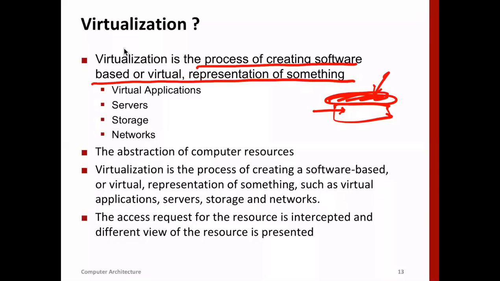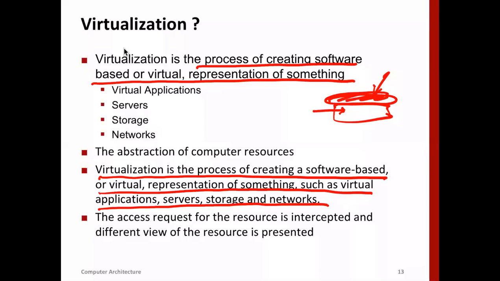For example, as we have seen in the case of VMs, underneath is the hardware, whatever hardware it is, but on top of that we have one OS. However, whenever a request for something goes, we intercept it and create a version or representation of something else that we want. So it is basically a process of creating a software-based virtual representation of something, such as a virtual application, server, storage, and networks.